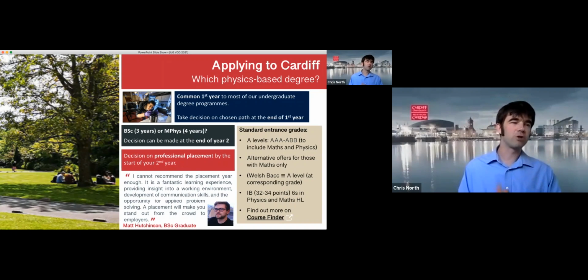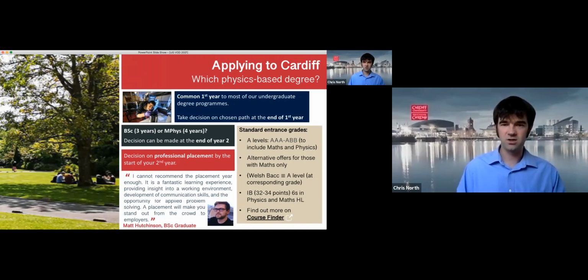The application requirements are on screen, ranging from AAA to ABB, including maths and physics. Now and again, we do hear about people who aren't able to study a physics degree for various reasons in their school or college. If that is you, then we'll discuss options for coming in with the maths.